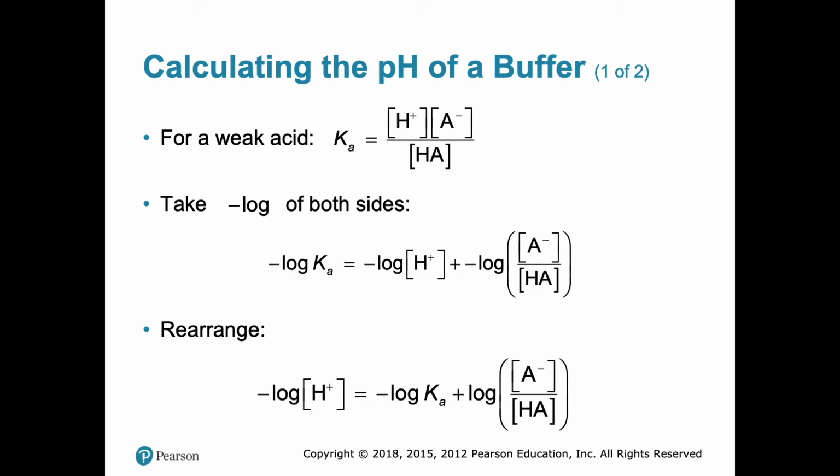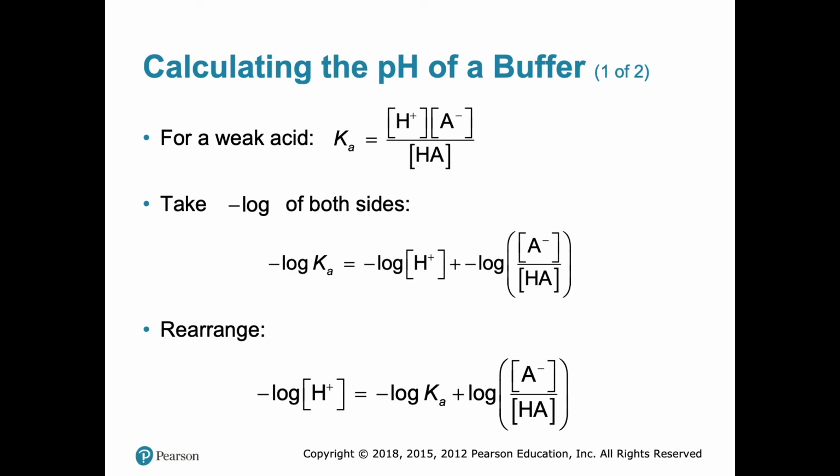So if you have the negative log of the hydronium ion concentration or the proton concentration, they mean the same thing. This negative log here is just P, lowercase p, and this part here is the H. You put it together and you get pH.